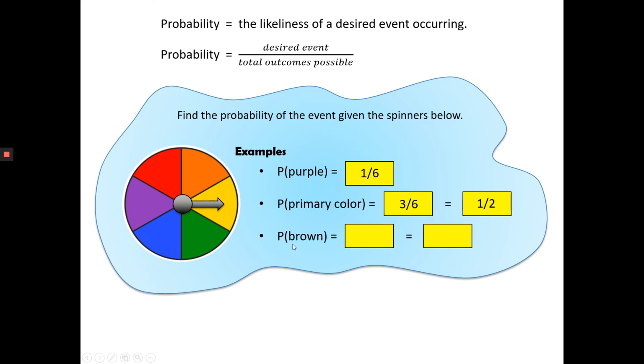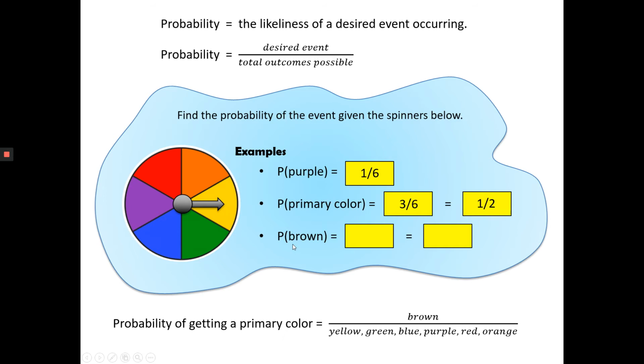Now let's take a look at this one. What's the probability of it landing on brown in this particular spinner example? Yellow, green, blue, purple, red, and orange are the only colors that it has. Is there any brown on there whatsoever? Doesn't look like it. So what's the probability of it landing on a brown colored piece?